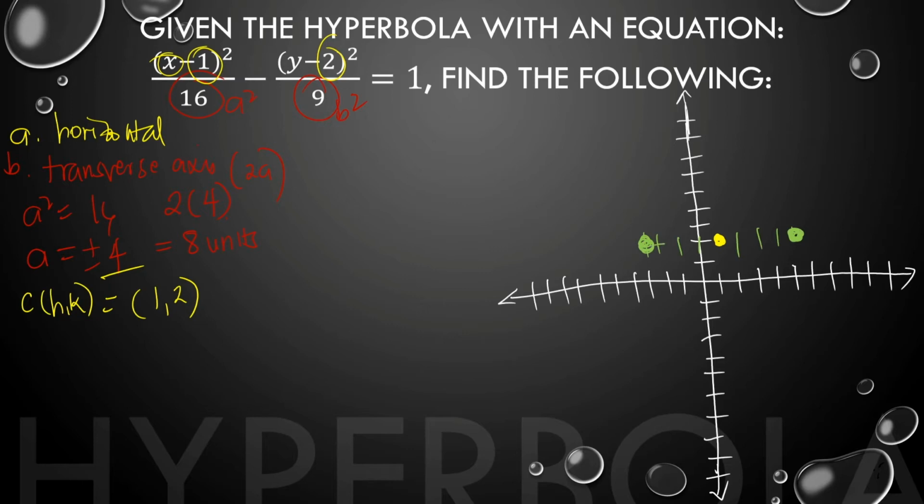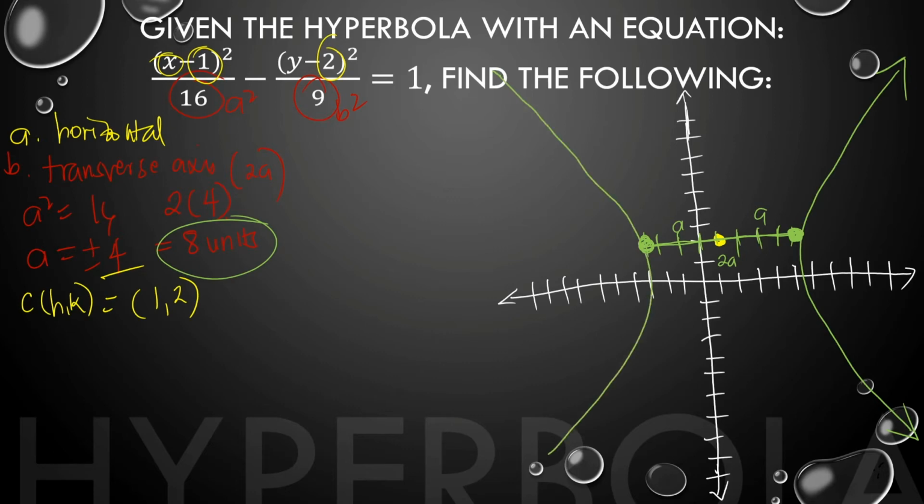So, pag kinonect natin yan, ito yung total length ng transverse axis, a and a, which is equivalent to 2a. So, kahit bilangin natin yan, 1, 2, 3, 4, 5, 6, 7, 8. So, 8 units siya. Pag dinrawing natin siya, yung hyperbola, ganyan siya, and then, ganyan.